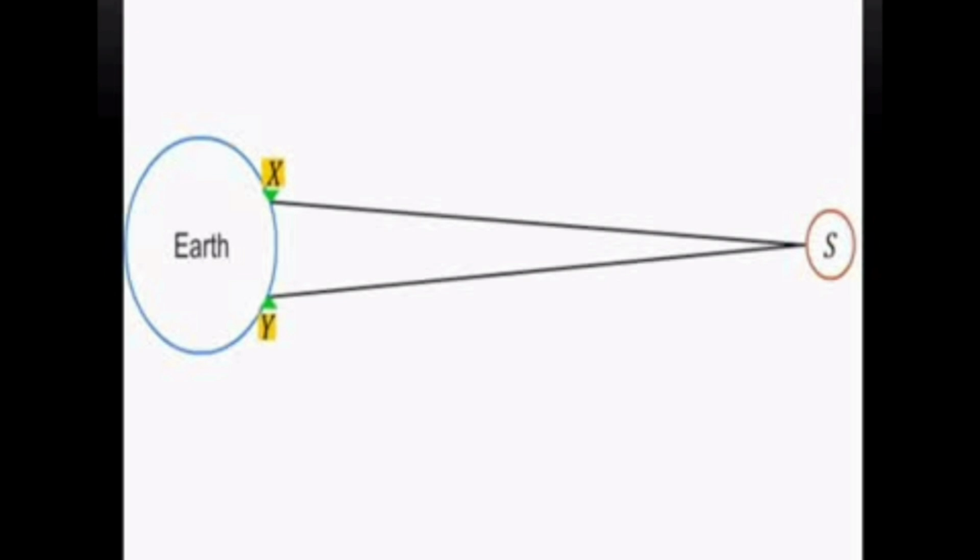See that X and Y are two positions of the earth. So we are able to see the object, the sun, from the earth.